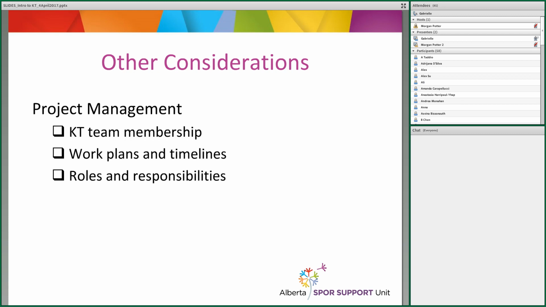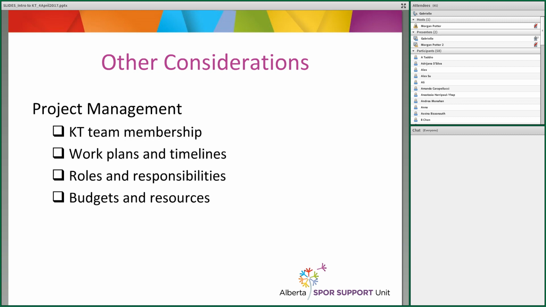Because everybody works on a slightly different time. The researchers need to let the knowledge users know that they're constrained by the funding deadlines and the grant deadlines, and the researchers need to understand that these knowledge users that they're involving probably have other full-time jobs and are not available at the drop of a hat.